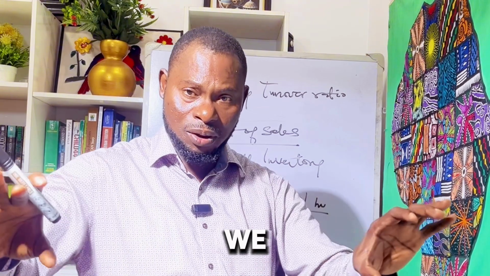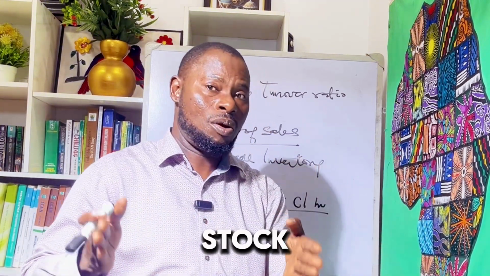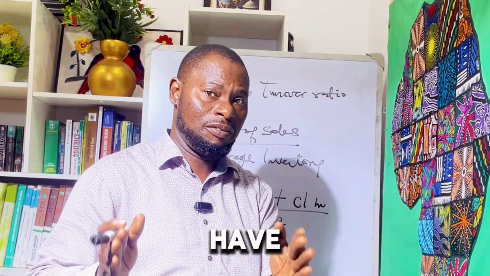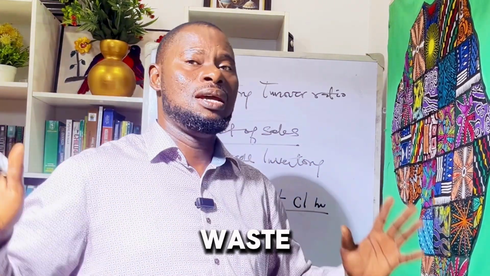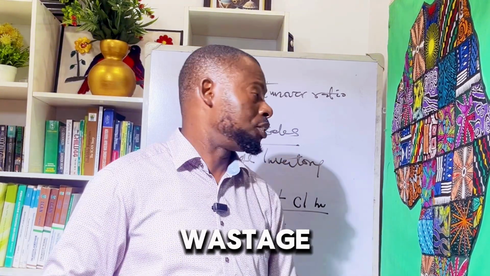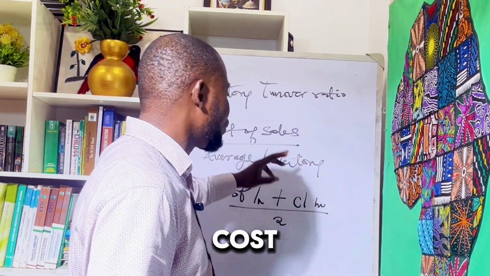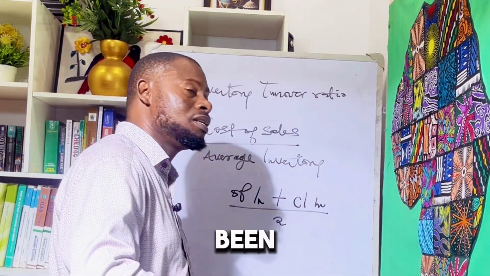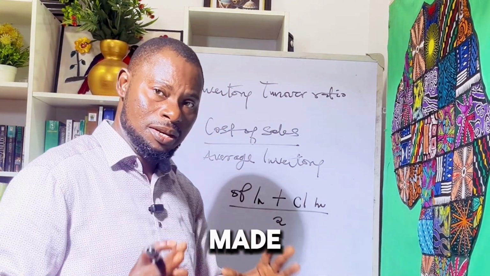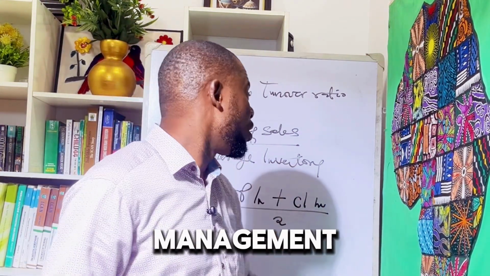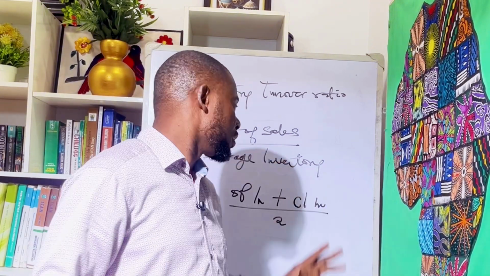So that you have what we call stock management or inventory management. You have a very good inventory management system so that you don't waste funds, so that you don't have funds tied down. So there's no wastage. So if you do that, we'll say your cost of sales has been very well reduced because you made a very good management of inventory. That is what it means.